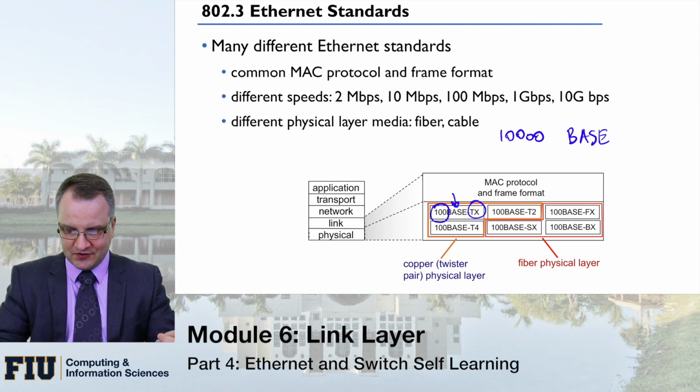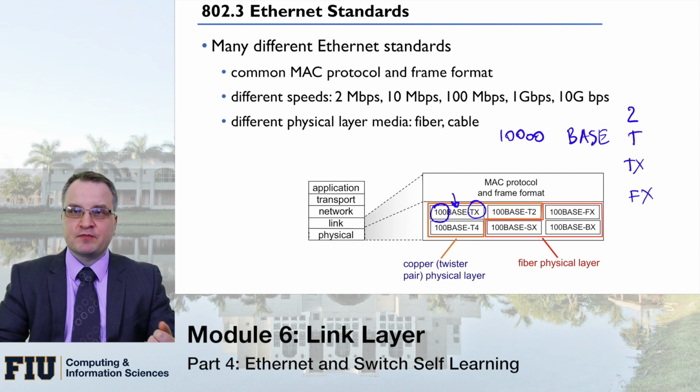Base is just a name here, and then there's an indication of what kind of medium we're using to transmit, and we have multiple options here. We're going to have a 2, we're going to have a T, and something related to fiber, like FX. The number 2 simply represents copper, and the meaning of the 2 is 2 wires: a signal wire and the shielding wire.